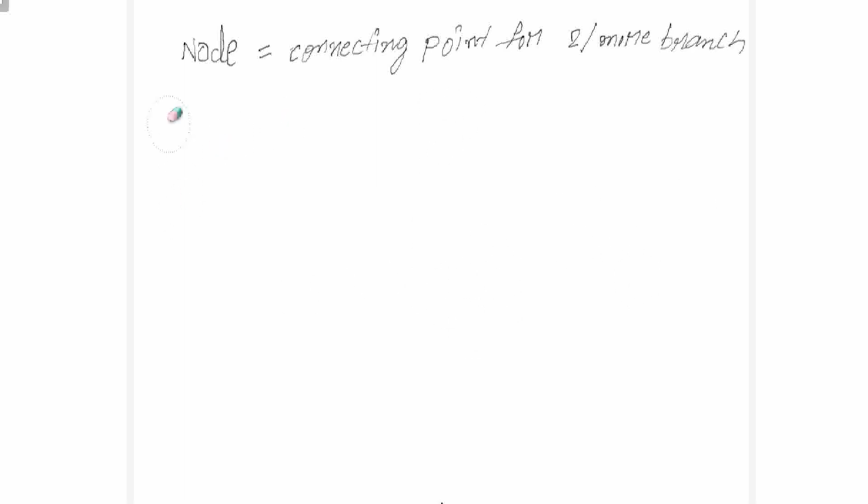Let us see one question with nodal analysis. This is positive, this is negative.